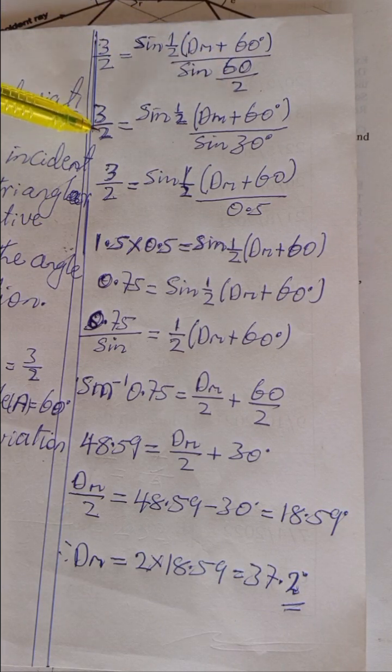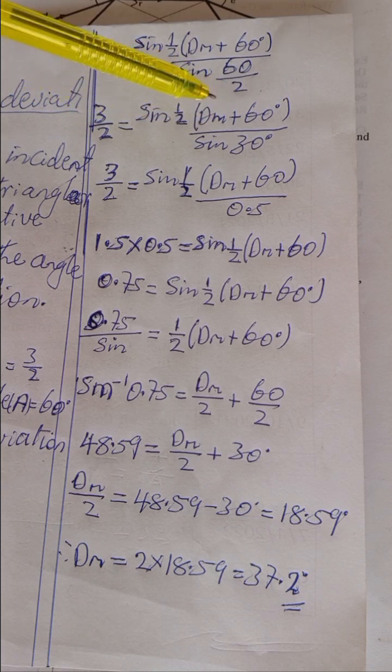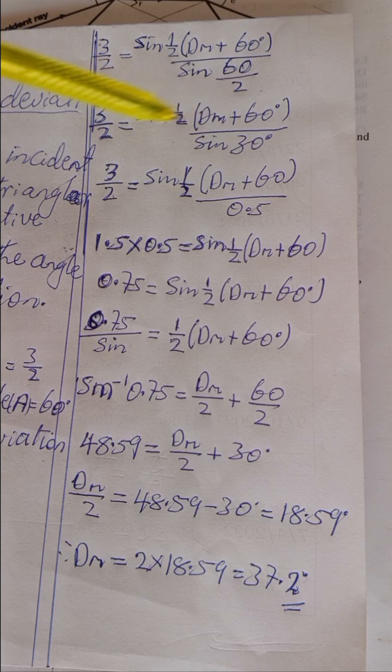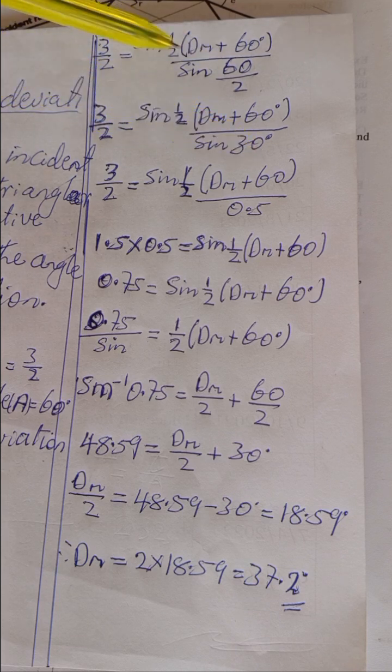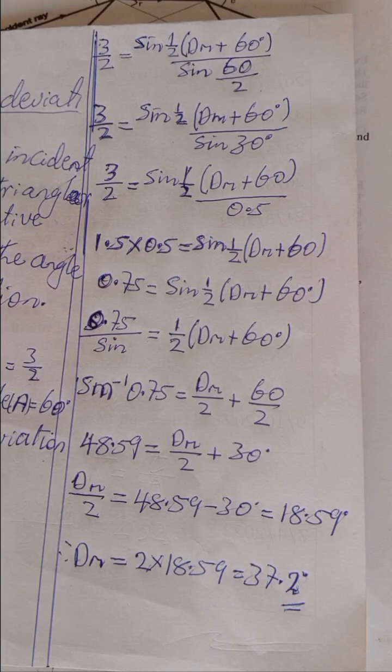Now, 3/2 is equal to sine half bracket dm plus 60 all over sine 30. Here, 60 divided by 2 is 30.